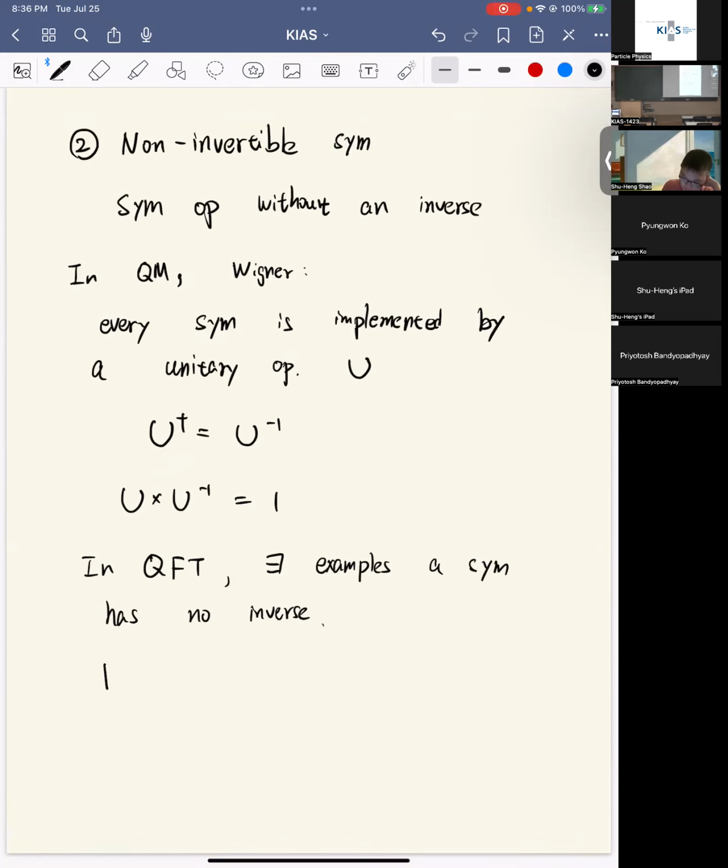So that means while the symmetry operator, let me call it D, commutes with the Hamiltonian, there does not exist an inverse operator such that D times D inverse is 1.